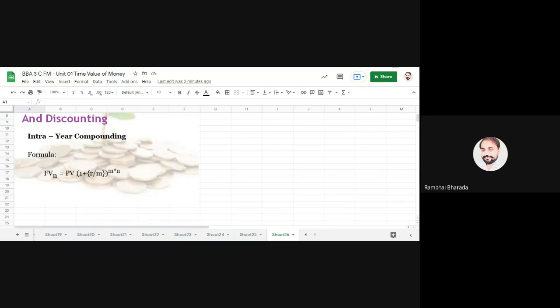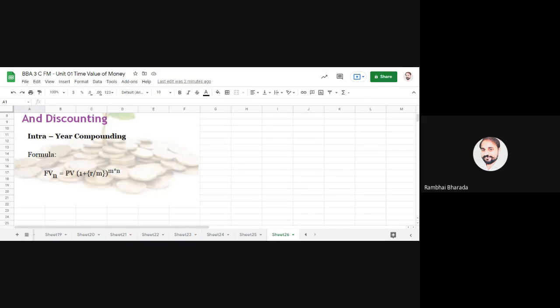In a bracket 1, R means rate of interest, M here is new for you, so M stands for number of months, N means number of years.